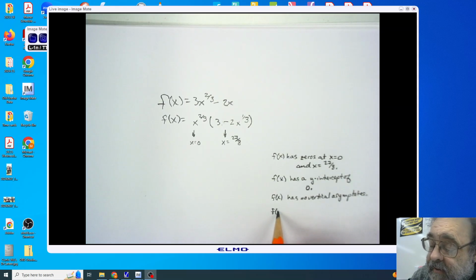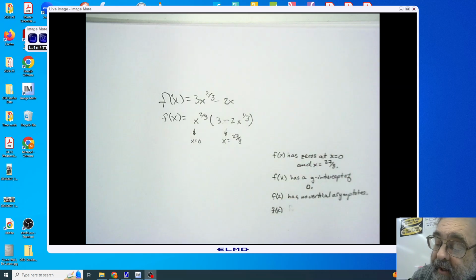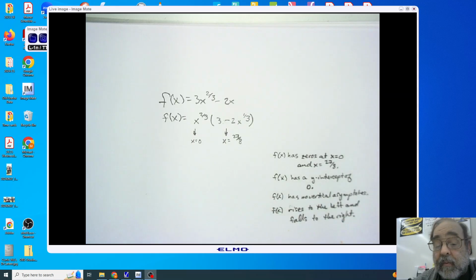f of x rises to the left, falls to the right. This is our left and right end rules.